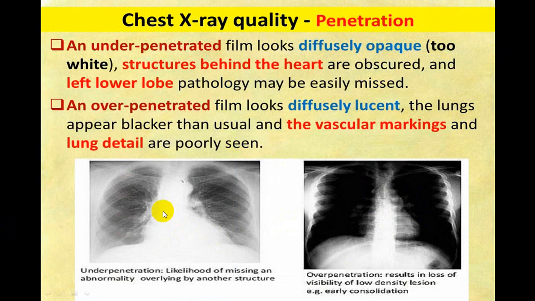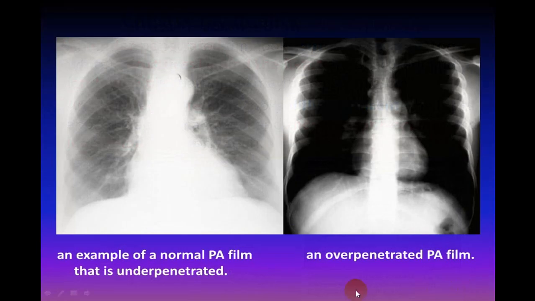When it appears as more opaque shadows, it is under penetration. When it appears more radiolucent, black shadows, this is over penetration. And you can see the thoracic spine much more opaque. Is it clear? Then it becomes very difficult. When you have an AP and a PA view, it makes a difference.